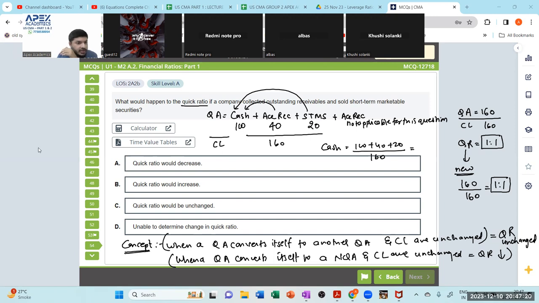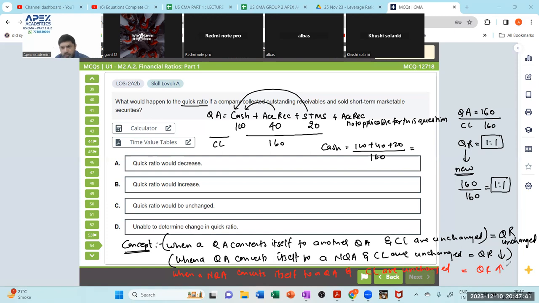Now suppose take the opposite case. When a non-quick asset, suppose inventory, converts itself to cash and current liabilities are unchanged, what will happen?